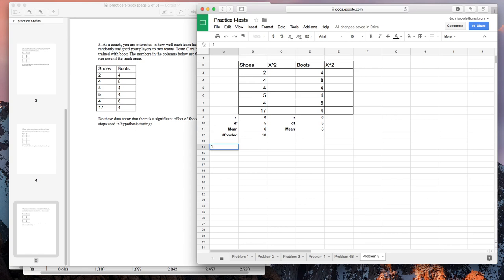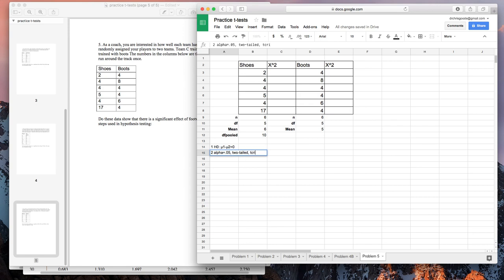Let's do our null hypothesis statement. The null hypothesis is that mean 1 minus mean 2 is 0. Step 2, alpha 0.05, and we will use a two-tailed test.